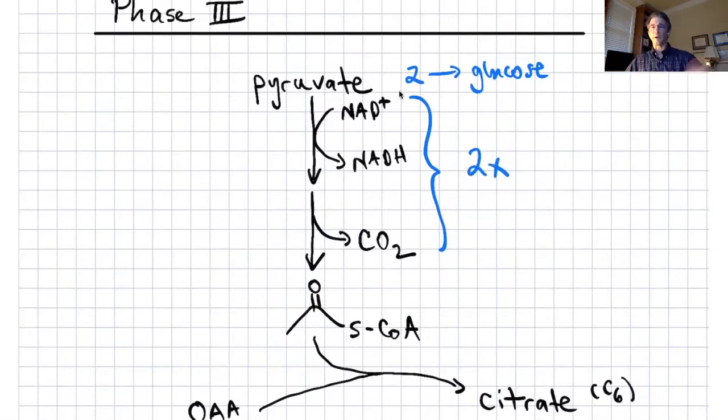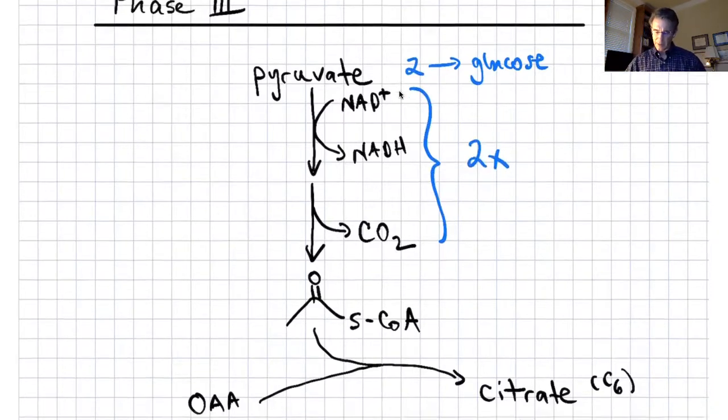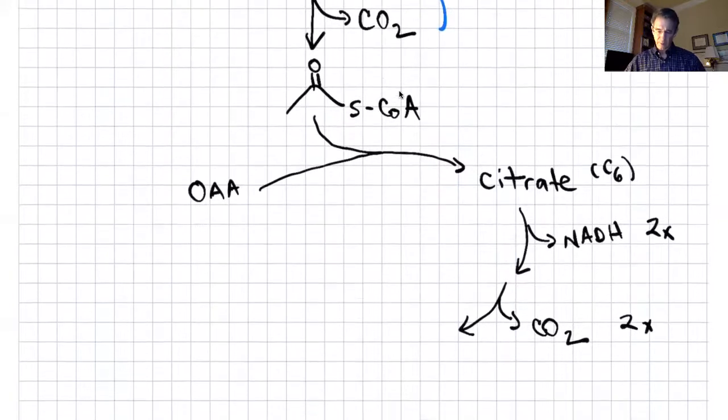So the 2 pyruvates came down the first part of this pipe, which also means that at this point we've gotten 4 NADHs per glucose equivalent, and 4 CO2s per glucose equivalent, because there are 2 acetyl-CoA equivalents that come through the cycle per glucose.